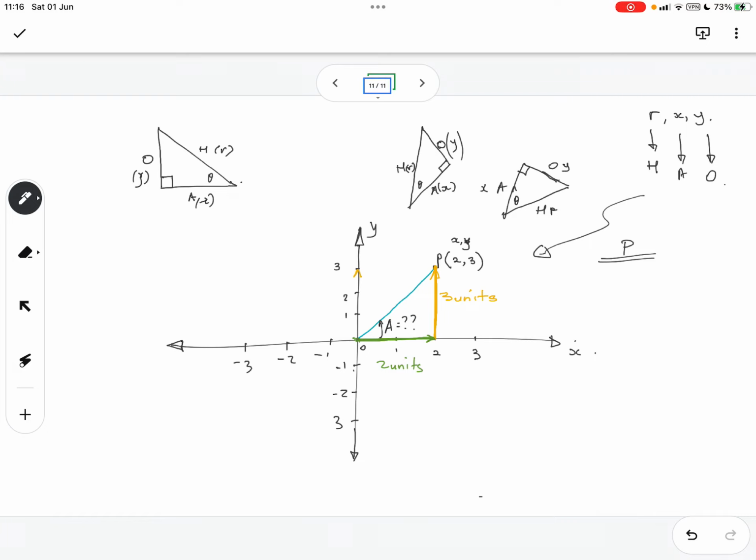So we're going to use the same definitions for trig ratios and apply them on here, such that if we work out the tan of the angle A, our opposite is 3 and our adjacent is 2. Right. So when we do the arctan calculation, we get an angle that equals roughly 56.3 degrees.